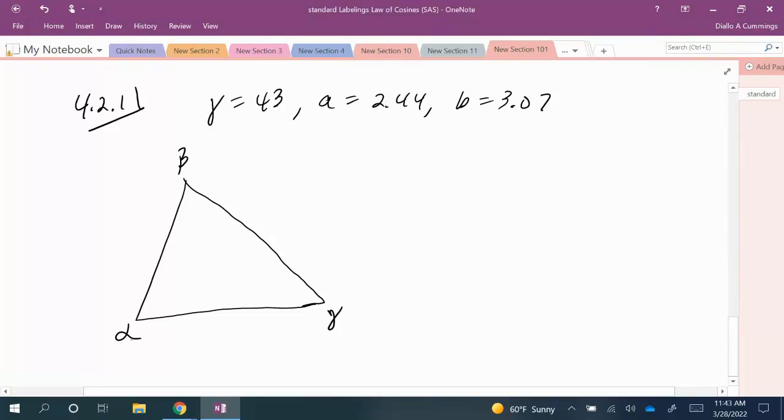So opposite angle alpha is side A, and that's 2.44. Opposite angle beta, we have side B, which is 3.07. And we're also given angle gamma, which is 43.